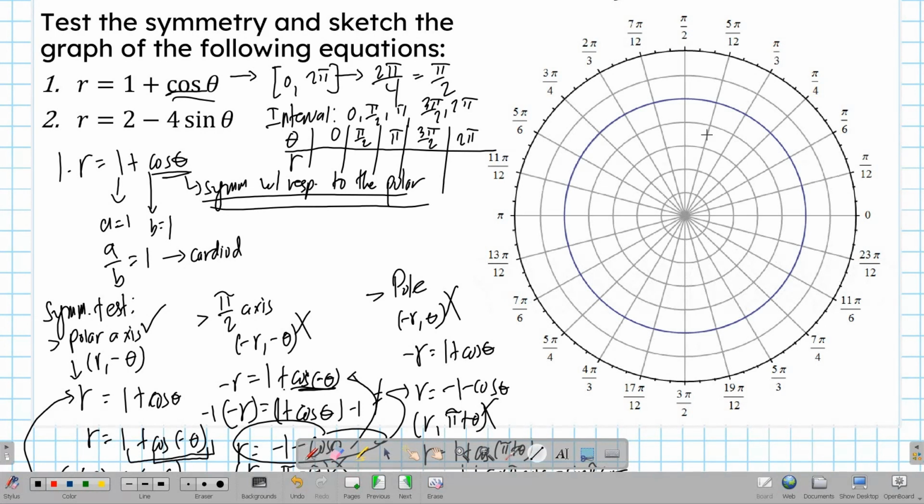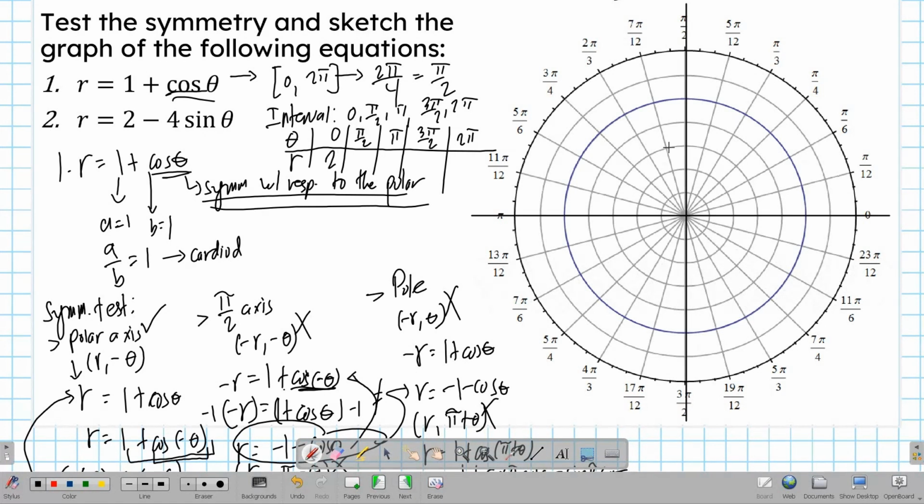Then let's also graph our polar axis and pi over 2 axis. So cosine 0 is 1, so 1 plus 1 is 2.